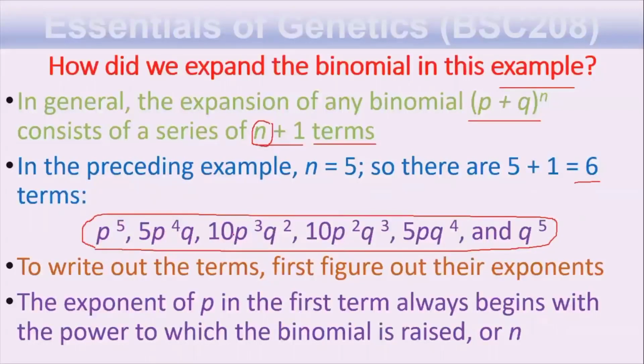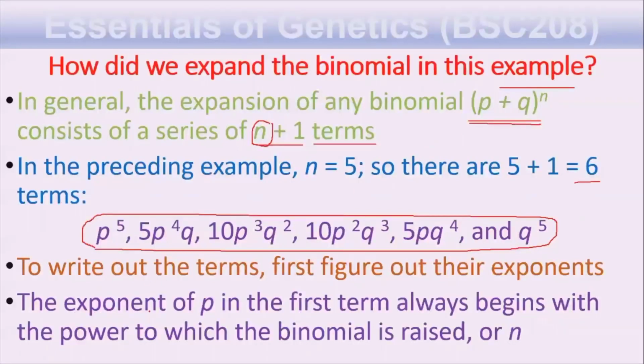Similarly, 10 into p raised to the power 3 and q raised to the power 2, 10 into p raised to the power 2 into q raised to the power 3, and 5 into p into q raised to the power 4, and q raised to the power 5. So these 6 terms can be obtained by expanding this p plus q raised to the power n formula.